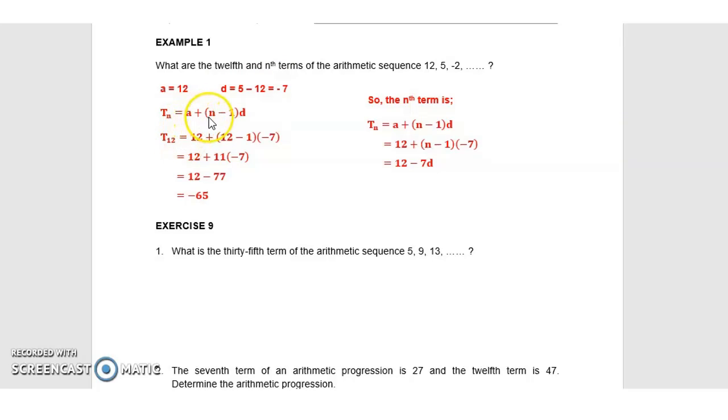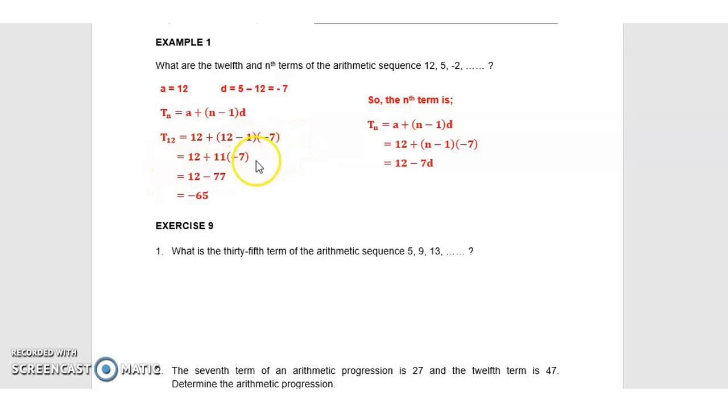Substitute the values: A, the first term, equal to 12, plus n, which is 12, minus 1, multiplied by d, the common difference, equal to negative 7.